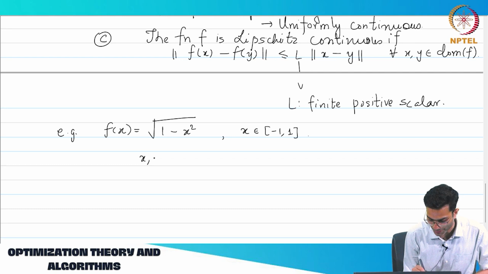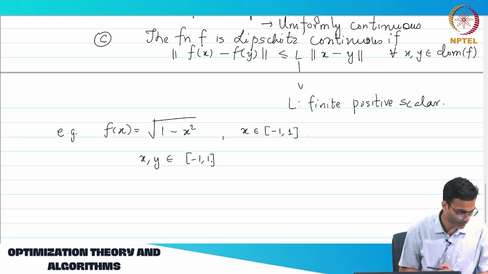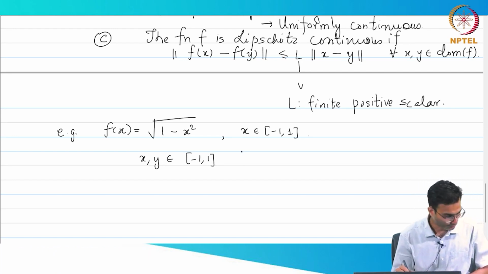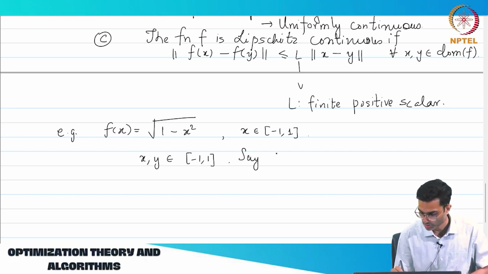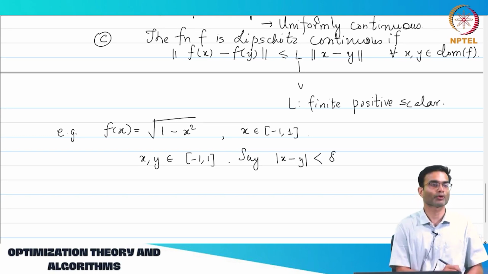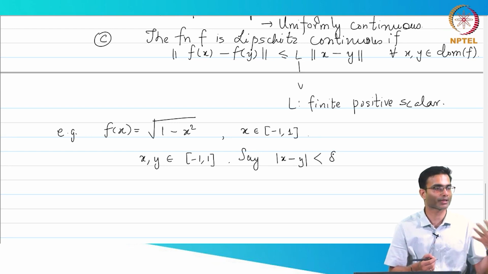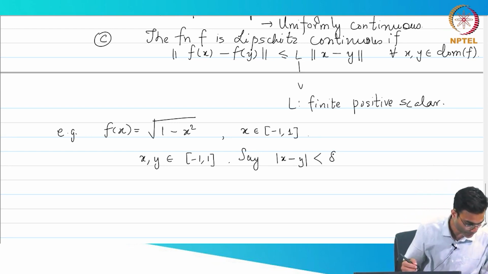So I am going to take x and y as 2 points that belong to minus 1, 1. Let's say that these 2 points are delta close. And now we have to see what this translates into for the difference of f.